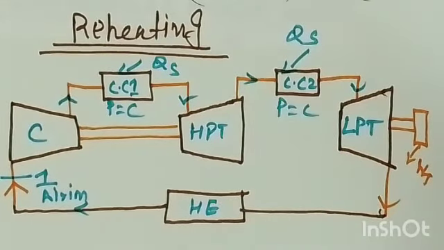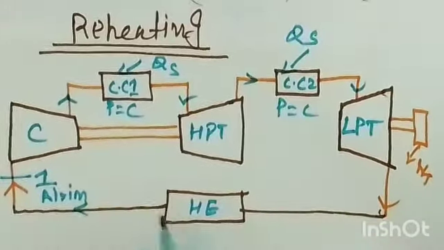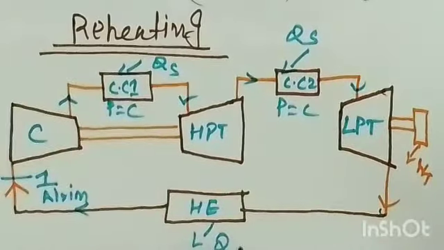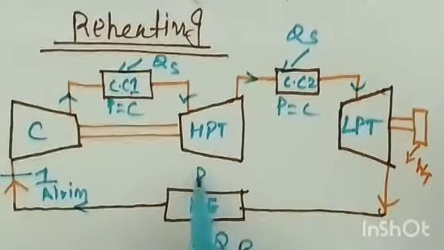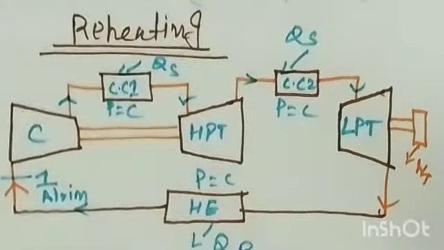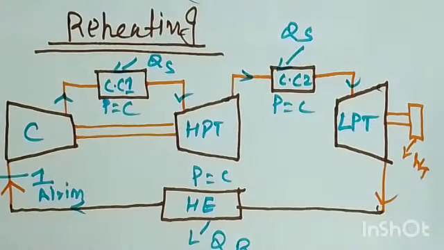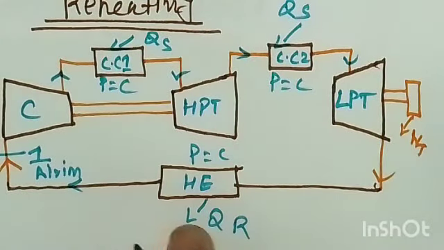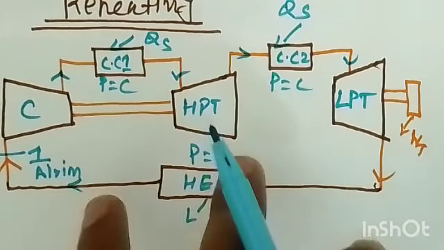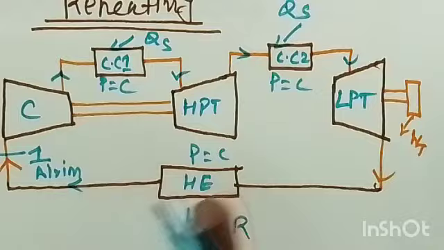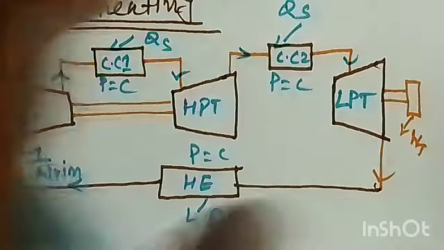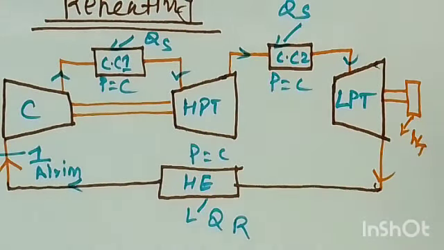Okay, and after producing the work, the exhaust gases will leave the turbine and enter into the heat exchanger. Here the heat is rejected at a constant pressure. We are not disturbing the pressure. If you disturb the pressure, the whole game is disturbed, right? So we are rejecting the heat. After rejecting the heat, the temperature will go down and the air will further enter into the compressor and the cycle will be repeated. Is it or not?